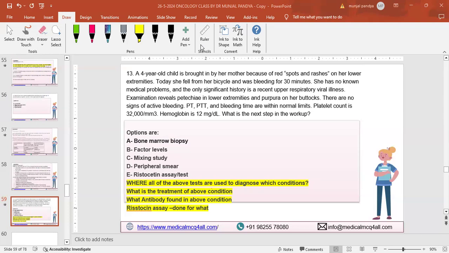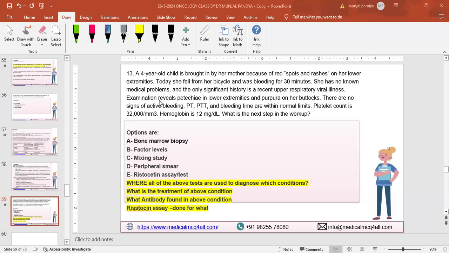Yes, sir. I think factor levels are not required. Factor level is required to rule out hemophilia. Fine. So first of all, in any bleeding patient, this patient has a bleeding, right? Listen to the logic.